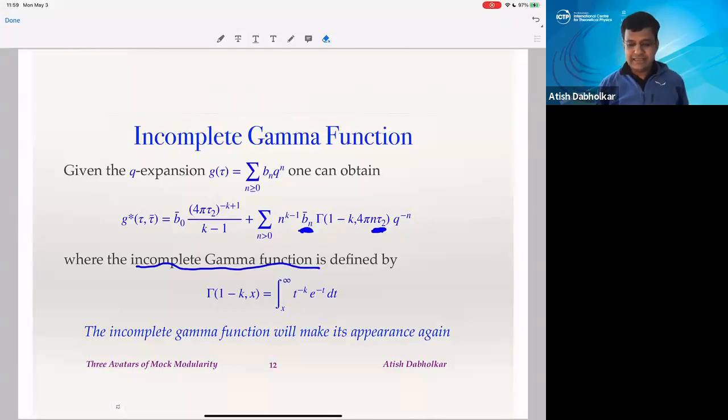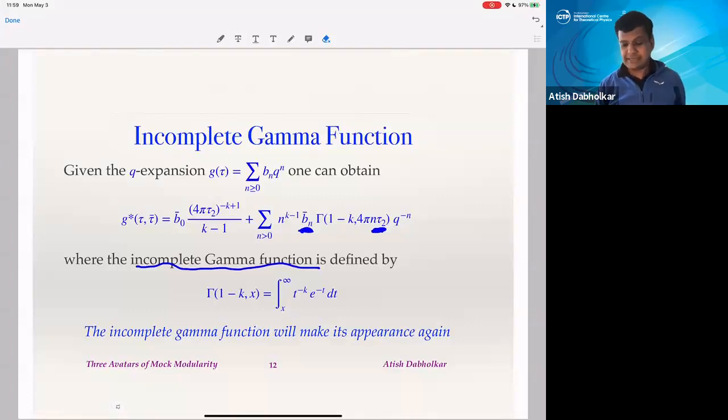So the appearance of this incomplete gamma function is going to be the key to making these various connections with physics, and when we try to get a path integral derivation of this, that's how we can understand mock modularity from a path integral point of view. So that's going to be another theme of my talk: we want to understand mock modularity both where it appears in physics and from a path integral perspective.